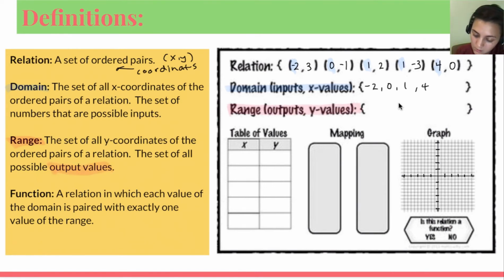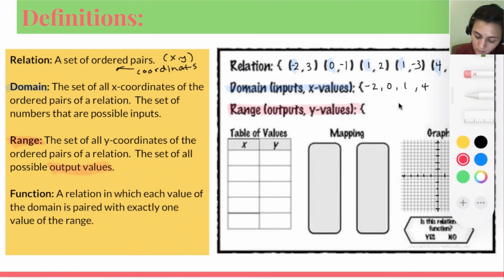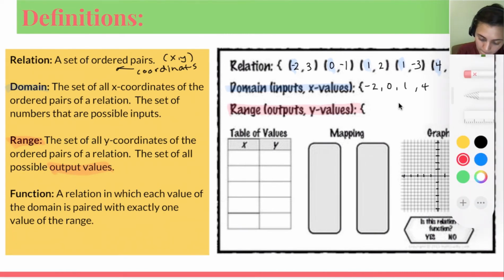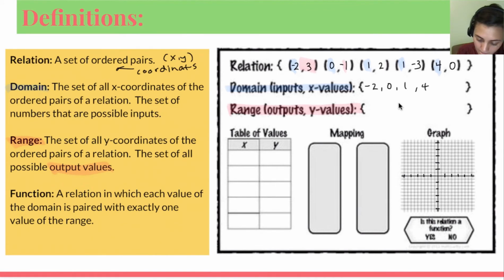Oops, I forgot to highlight here. Which are 3, -1, 2, -3, and 0. That's my range.